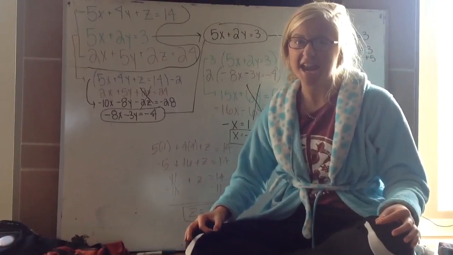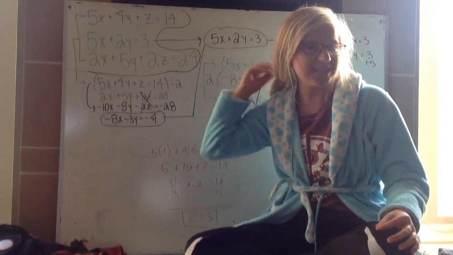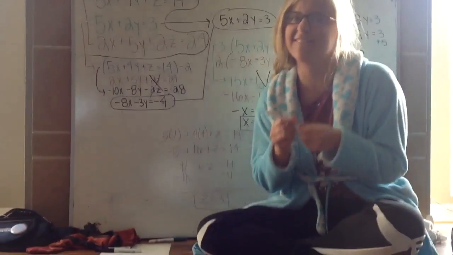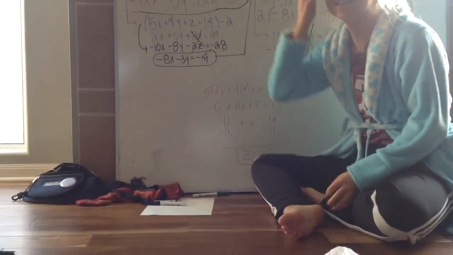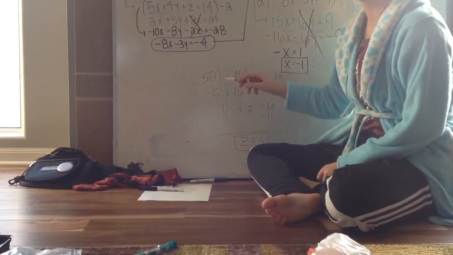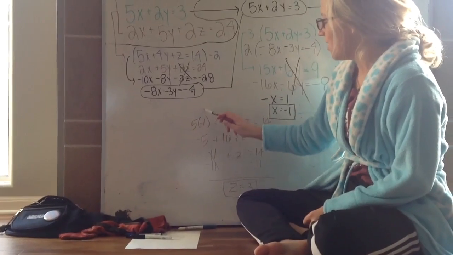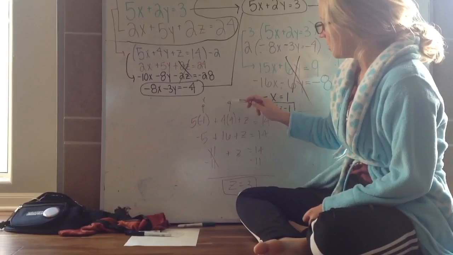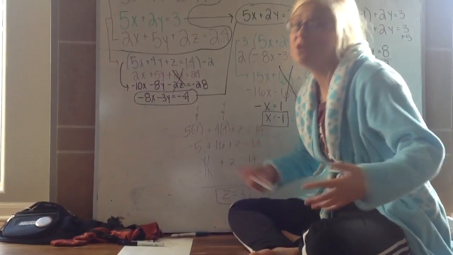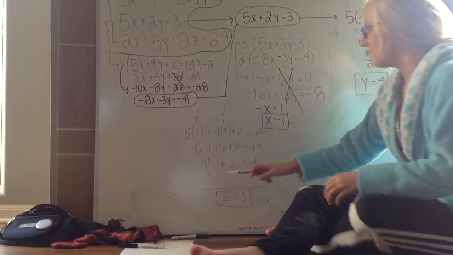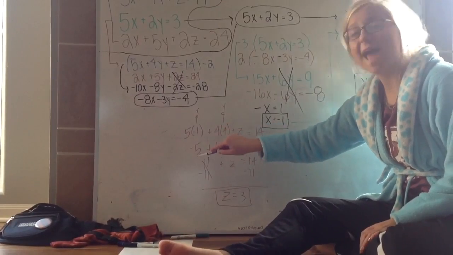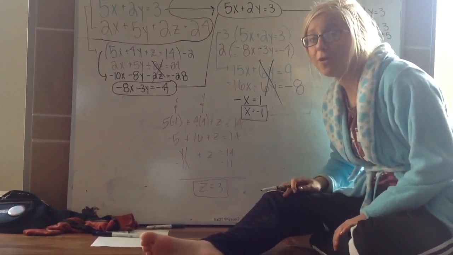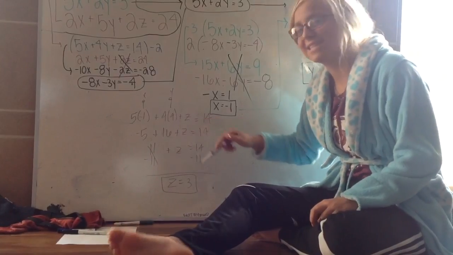Hey guys! Z is for Zen, and we're about to find some. Let me just get my marker. I set up the equation already. We plugged in our x's and our y's: -1 for x, 4 for y. 5 times -1 is -5. 4 times 4, you guessed it, 16.